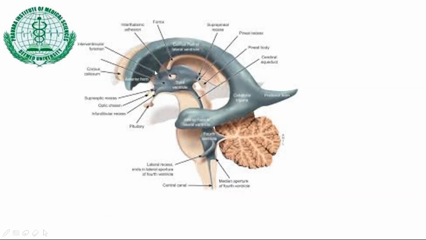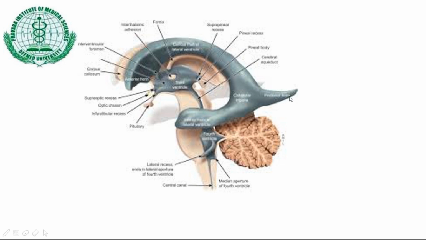Now again, this is the lateral view of the lateral ventricle where the different parts are seen. This is the central part of it, which extends from the interventricular foramen to the splenium of the corpus callosum. The anterior extension of it into the frontal lobe is the anterior horn.